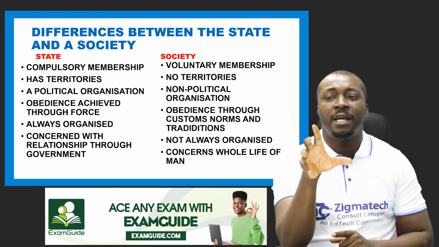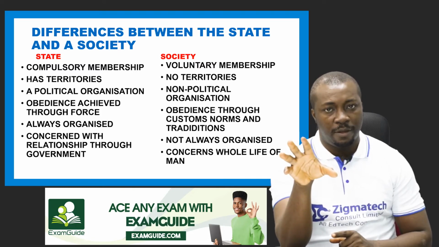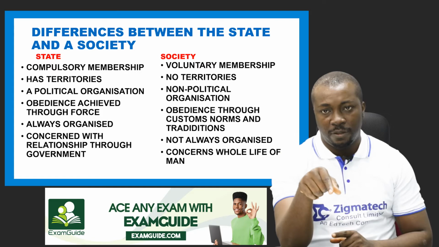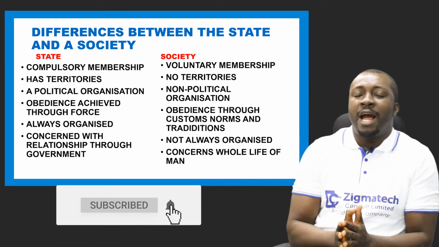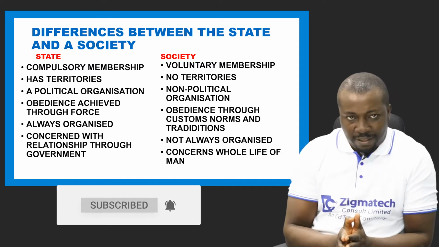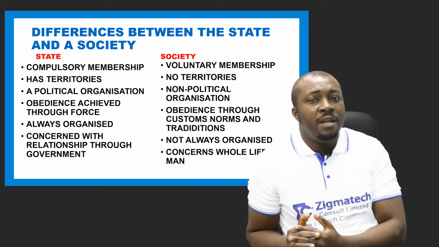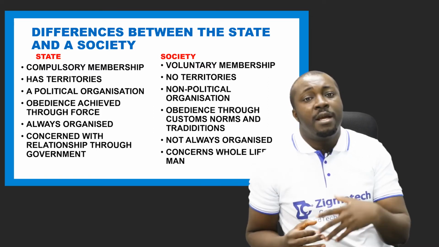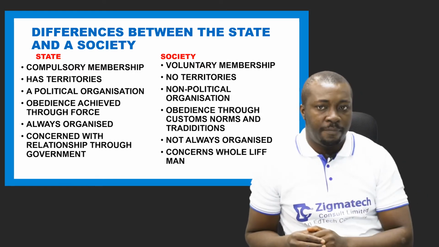Obedience in society is primarily based on customs and traditions. You have to resort to the traditions to enforce obedience. A state is well and always organized. Society may not always be well organized, and that is why there are societies that may fizzle out with time.